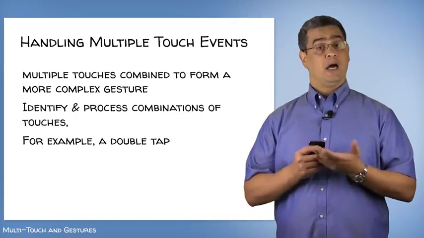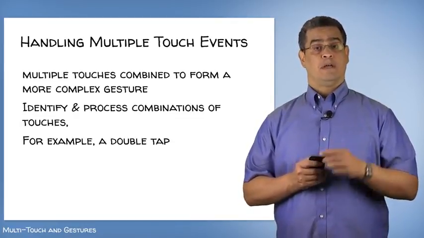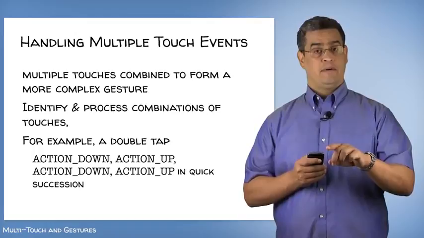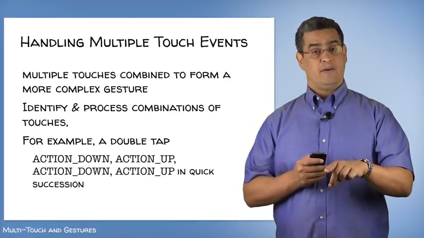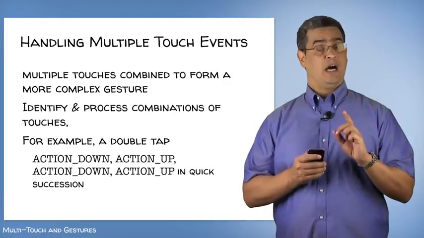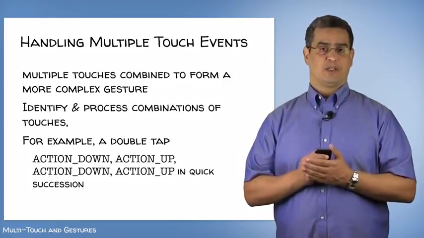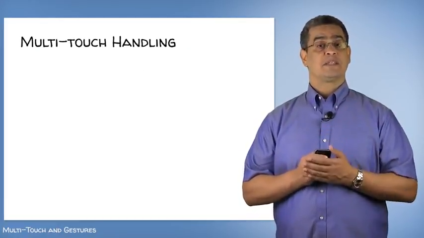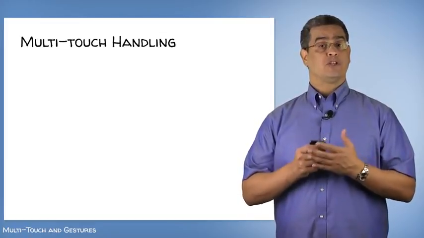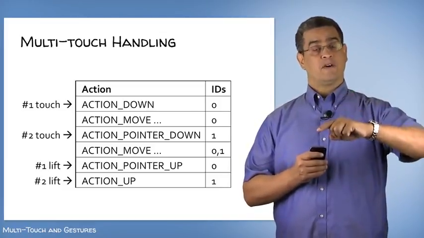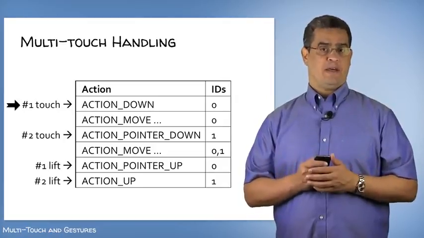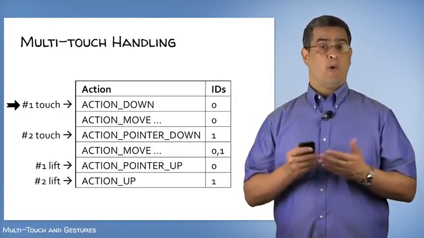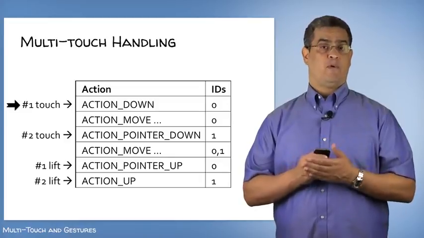For example, a double touch will involve an ACTION_DOWN, and then an ACTION_UP, and then another ACTION_DOWN, and finally an ACTION_UP, all in quick succession. To give some examples, suppose you start a gesture by placing one finger down on the screen. That will generate an ACTION_DOWN event and might assign a pointer ID of 0 for that pointer.